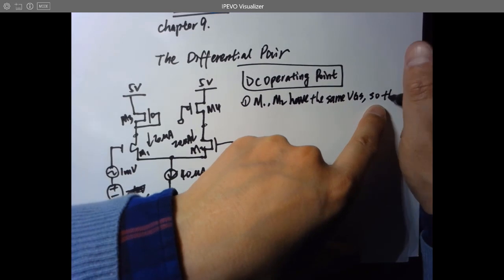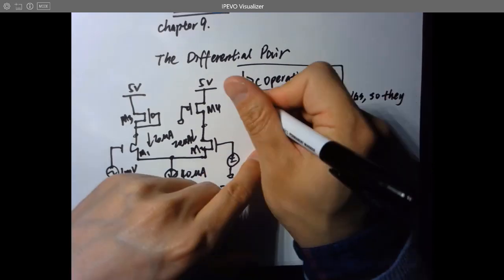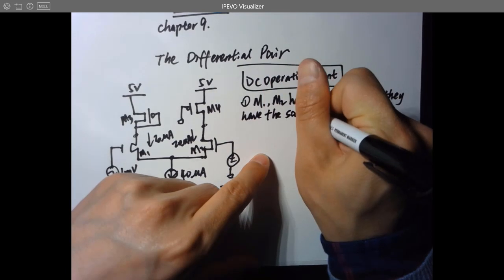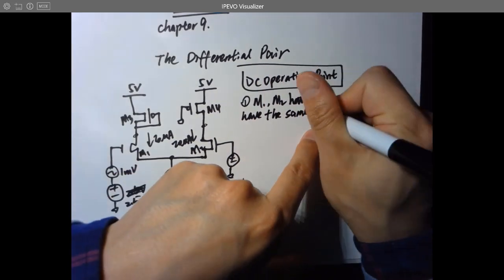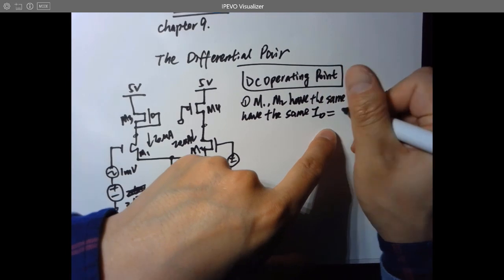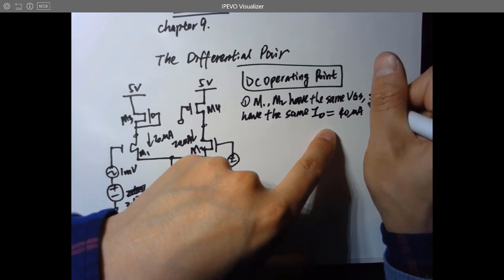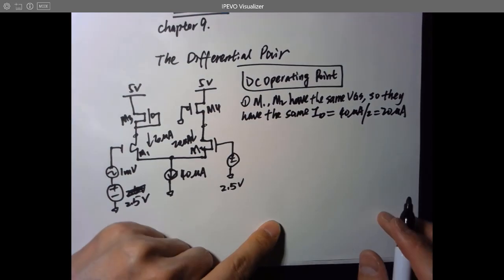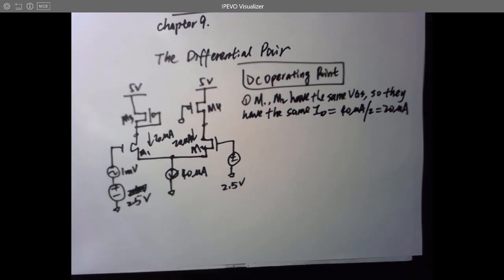So they have the same ID equal to 40 microamps divided by 2, which is 20 microamps. So that's the first step. You want to be clear on this point.